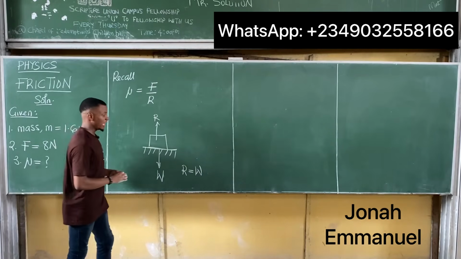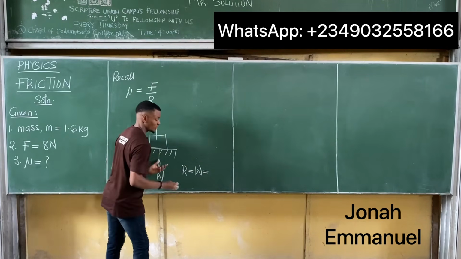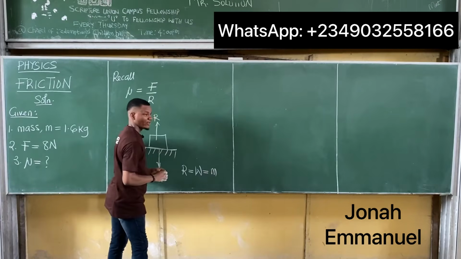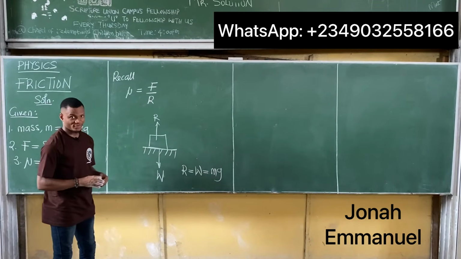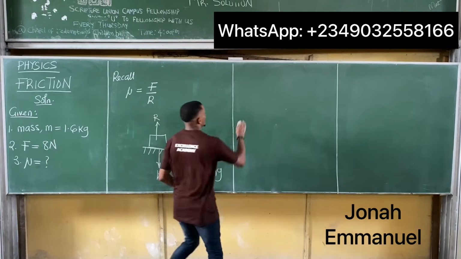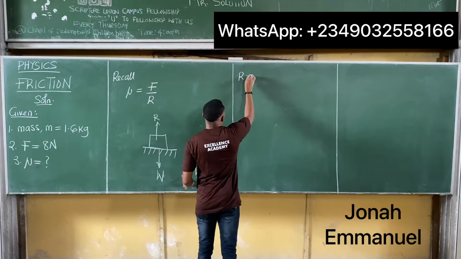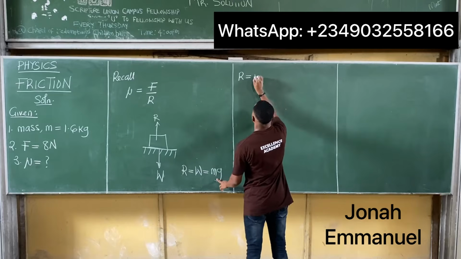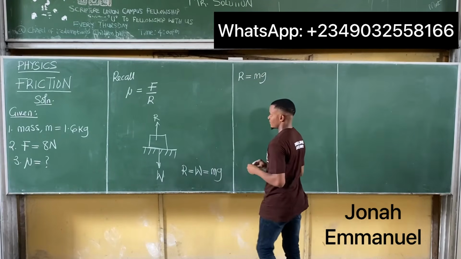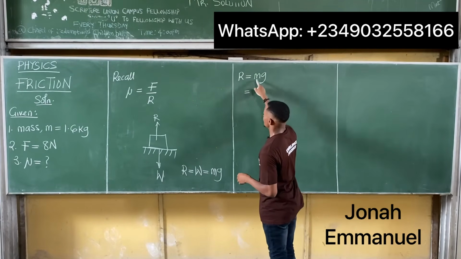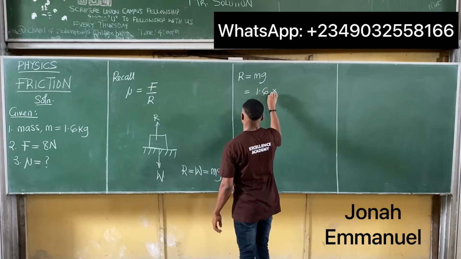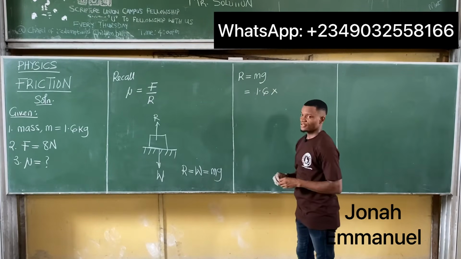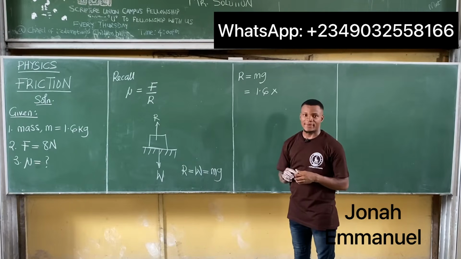But also we know that weight is equal to the product of the mass of the body and acceleration due to gravity. So hence, we can say that normal reaction is equal to mass times gravity. If I include this, the mass of the body is given by 1.6 times acceleration due to gravity, usually 10 meters per second square.